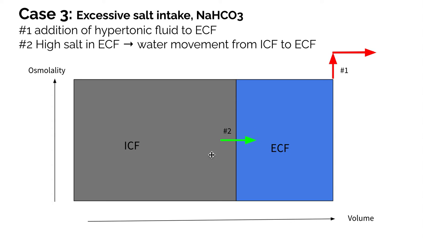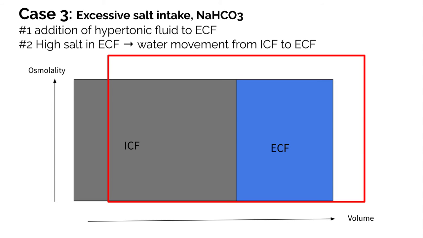So you see our second arrow will be water moving from the ICF to the ECF because there's higher salt in the ECF now, okay? So your new Darrow-Yannet diagram will look something like this. You can see water left the ICF, so the volume of the ICF shrunk, right? And instead we pushed all of that volume towards the ECF, okay?